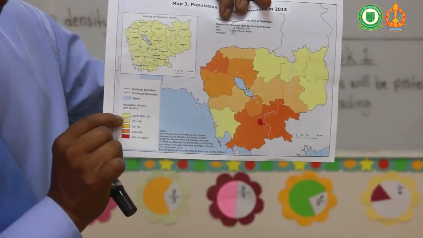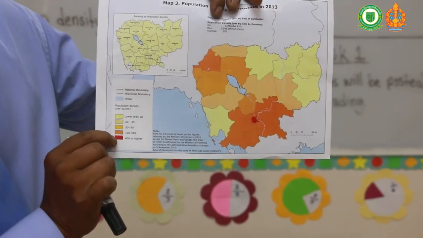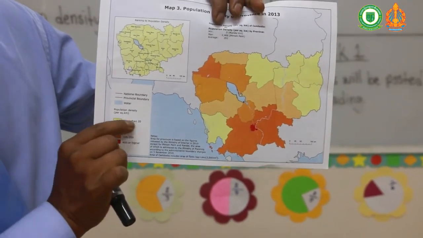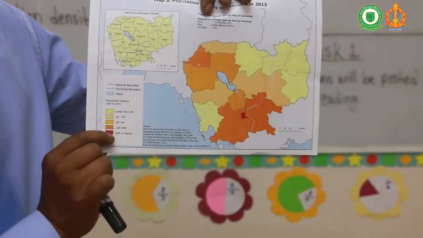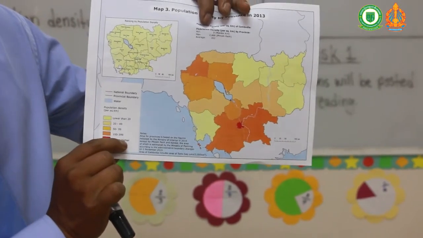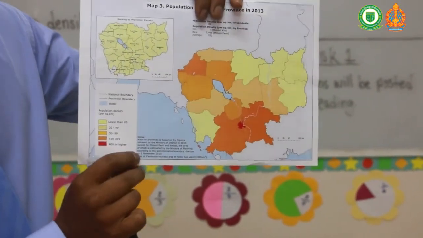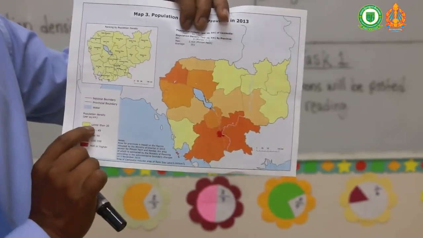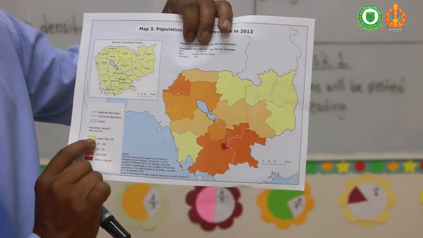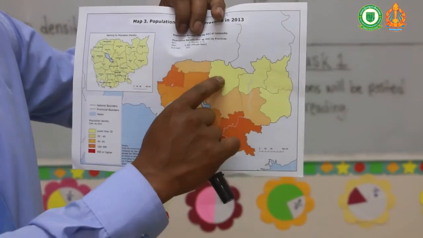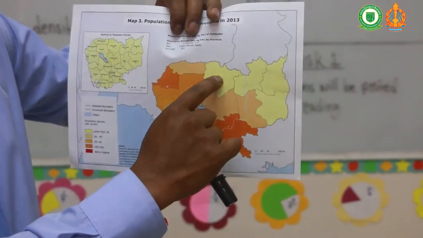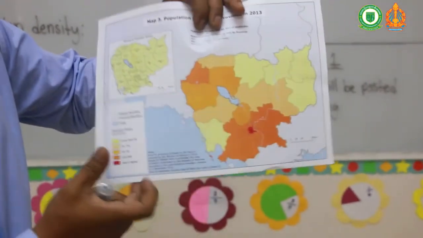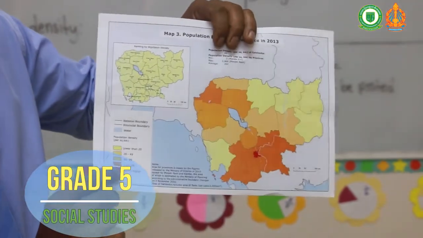As you can see, from yellow to peach all the way to red, yellow being lower than 20 and red being over 400 or more. If you look at this census here, it shows you where fewer people are. It's in the yellow section. So you have right here in Preah Vihear and along these areas, there's less population density.